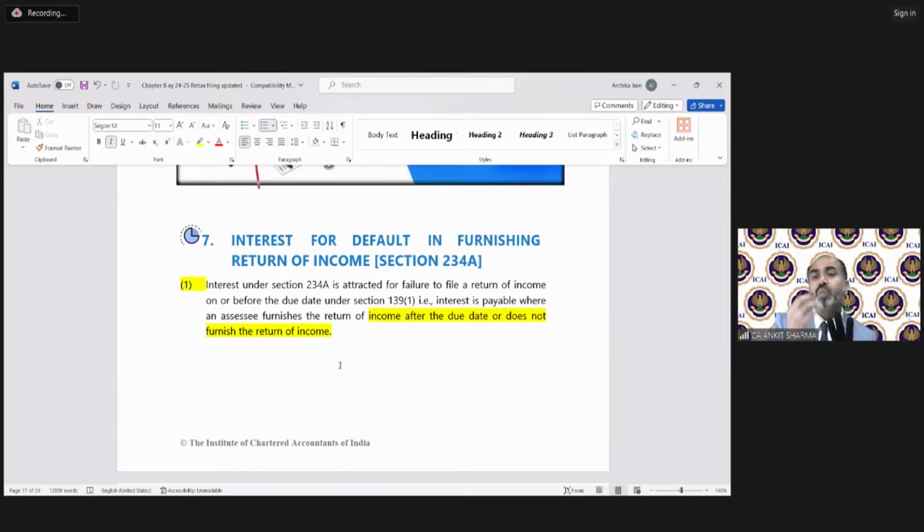The rate of interest is 1% per month or part of the month. And the last thing is the duration of charging interest. The duration will start after the due date has passed and run up to the date of filing of return, or until the department completes your assessment. I can explain this with the help of a small example.